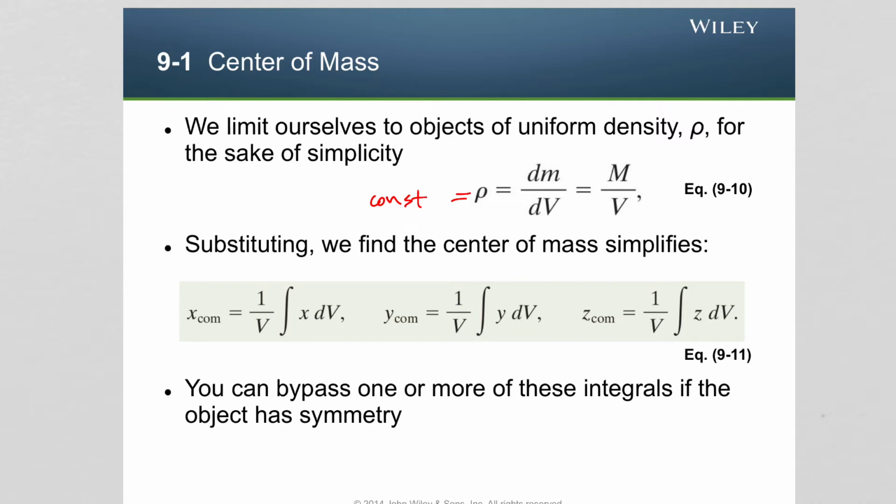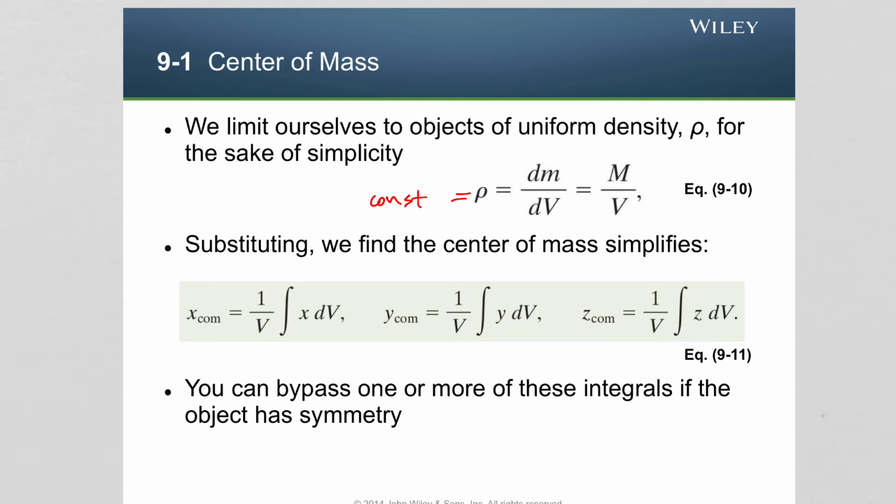But that density will also be calculated by dividing the total mass of the object by the total volume of the object. Remember, density is constant, and so if I divide a certain amount of mass by its volume, I'm going to get the density of that object. Then I can use that relationship right here to express the mass element dm in terms of the volume element that corresponds to it, dV.